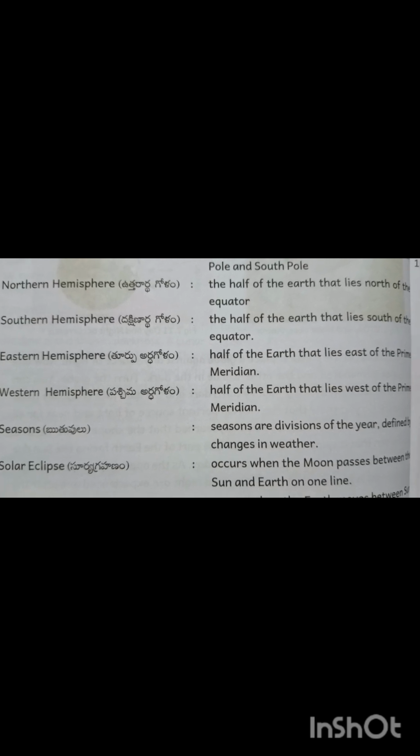Eastern Hemisphere, Turpu Ardhagolam, the half of the earth that lies east of the prime meridian. Western Hemisphere, Pachamardhagolam, the half of the earth that lies on the western side of the prime meridian.